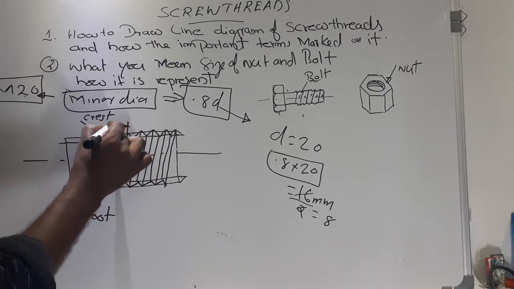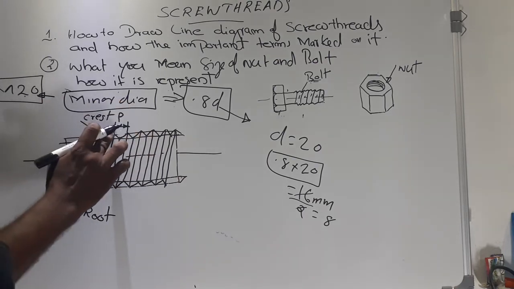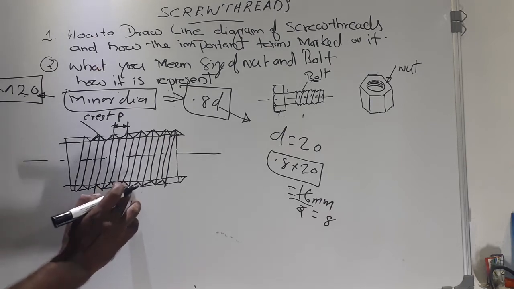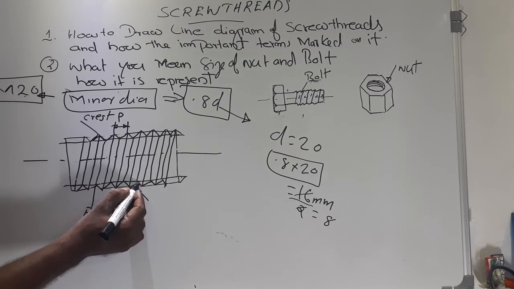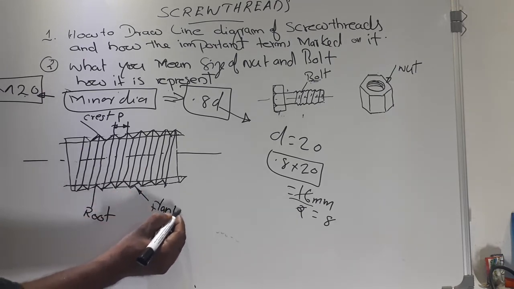The consecutive crest distance is called pitch. Similarly, the slanting surface in between crest and root is called flank.